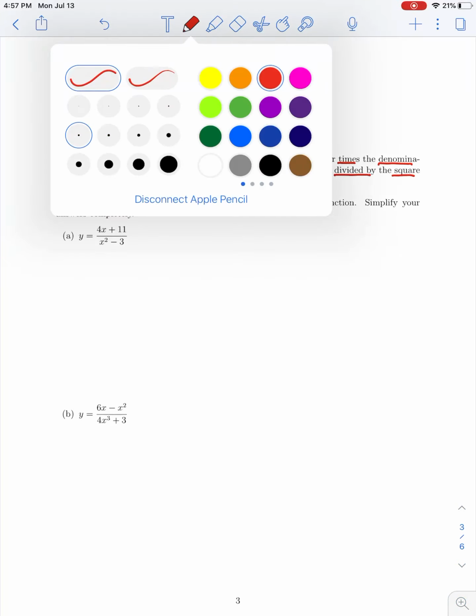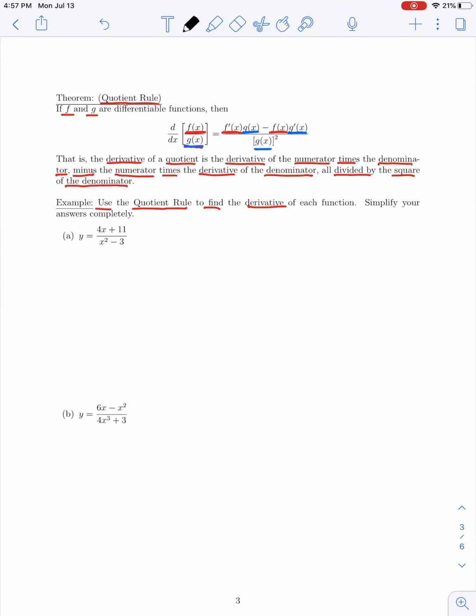And making use of the quotient rule, our derivative y prime is found by first taking the derivative of the numerator, which is simply the slope of that line, in this case 4, times the denominator, which was x squared minus 3.